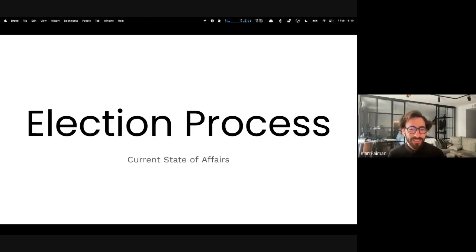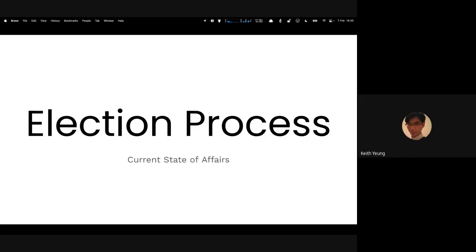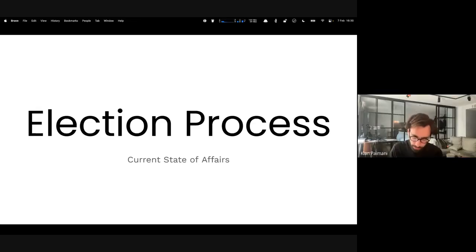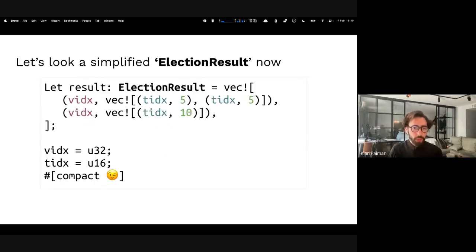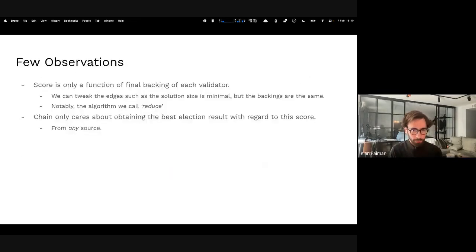So yeah, let's talk a little bit. If I recall correctly, in the normal case there's only ever going to be one active nomination. Is that correct? That's a very good question. That's only because of this reduce algorithm.